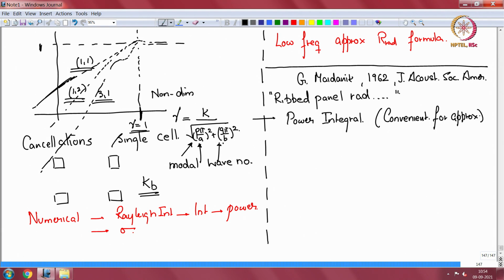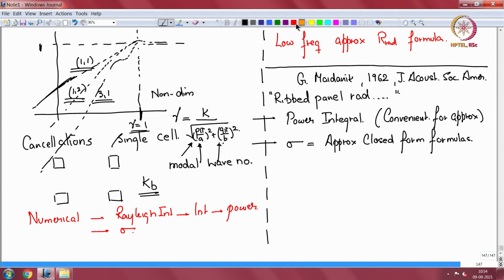Some special relations are used, and then for radiation efficiency, approximate closed form formulas are presented for various frequency ranges.